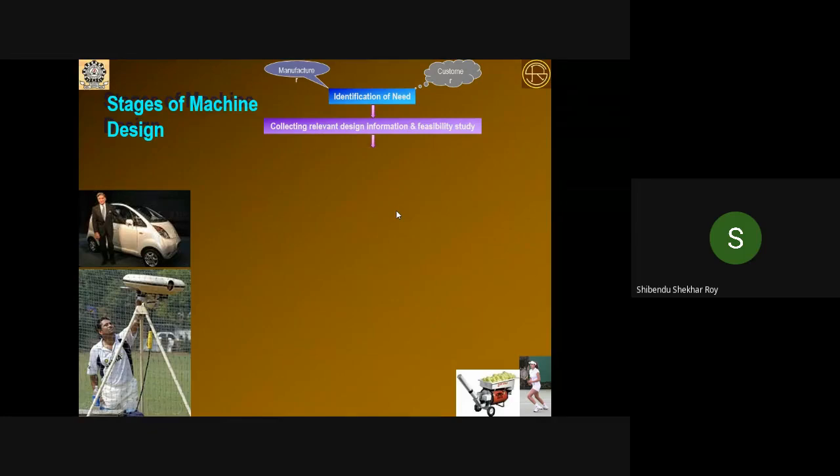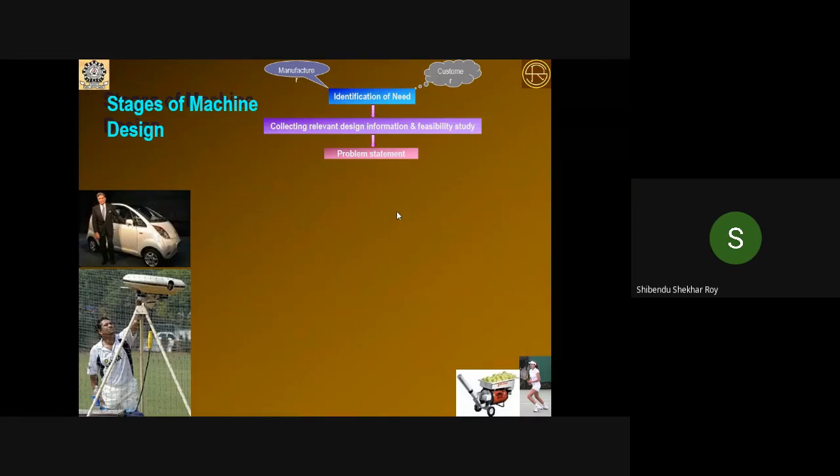Now you have to formulate, or state, your problem statement according to your need. For example, in SAC, you have some limitation in your funding, so you would like to design your own machine.